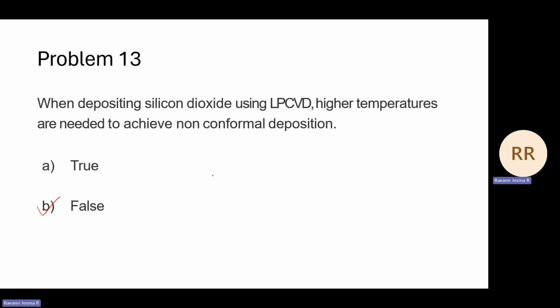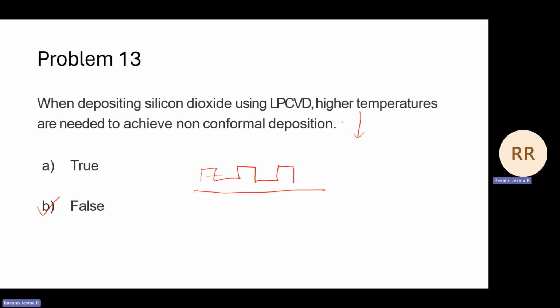So let's say in the case of LPCVD, since temperature is involved, you need to have uniform temperature throughout. Higher temperature will give you a higher deposition rate, but the temperature should be uniform. If you have uniform high temperature, then you will get conformal deposition. But if the temperature across your wafer is not uniform, higher in some regions and lower in others, then you will not get a conformal deposition.